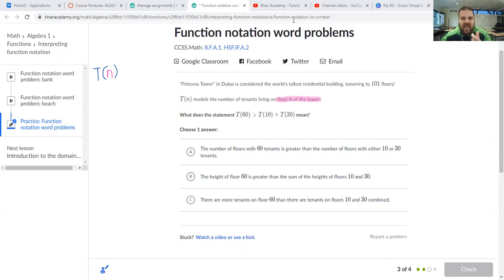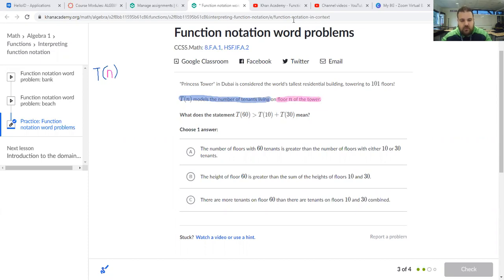So the N is the floor. So it's 101 stories tall. So if N is 88, we're talking about the 88th floor. If N is 50, we're talking about the 50th floor. And then we have for blue, T of N models the number of tenants living on that floor.